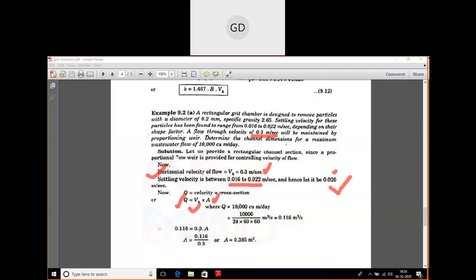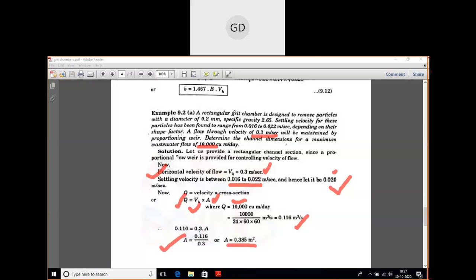It is given that the quantity of wastewater is 10,000 cubic meter per day. They have converted it to meter cube per second, so you have to convert it by dividing by 24 into 60 into 60, then you will get it in meter cube per second. Then you have the value for V and the value for Q, you put them in the formula and you will get the area value as 0.385 meter square.